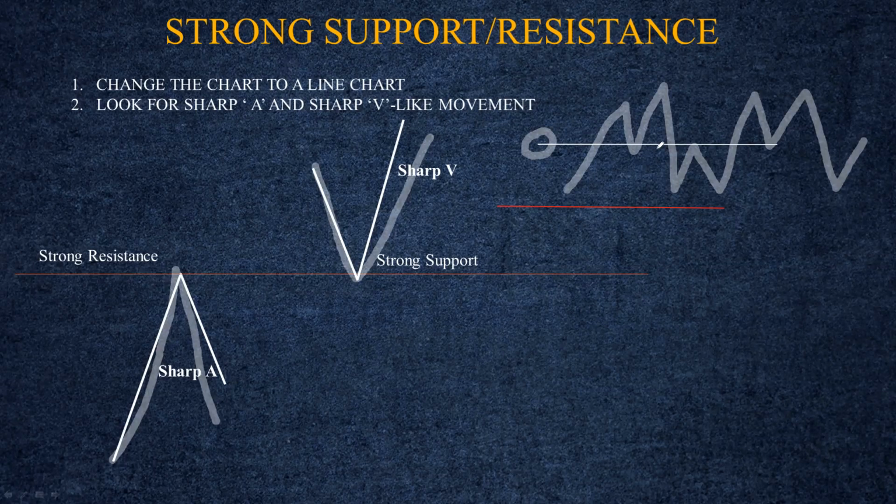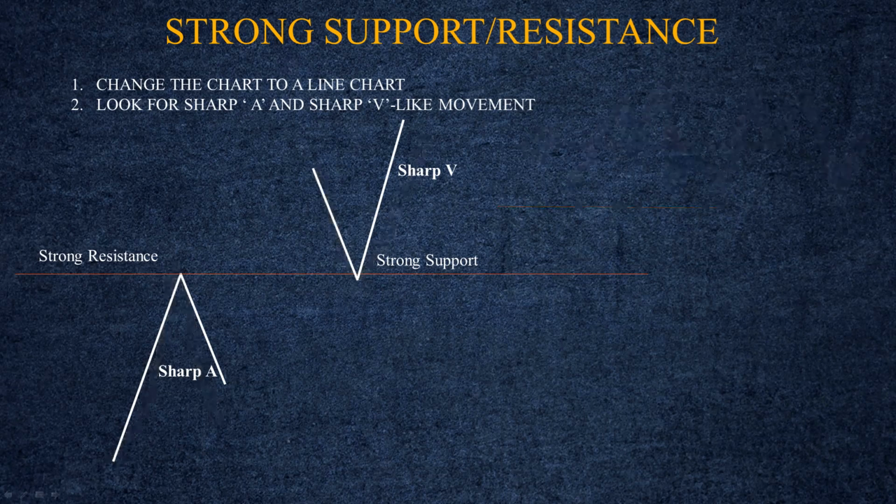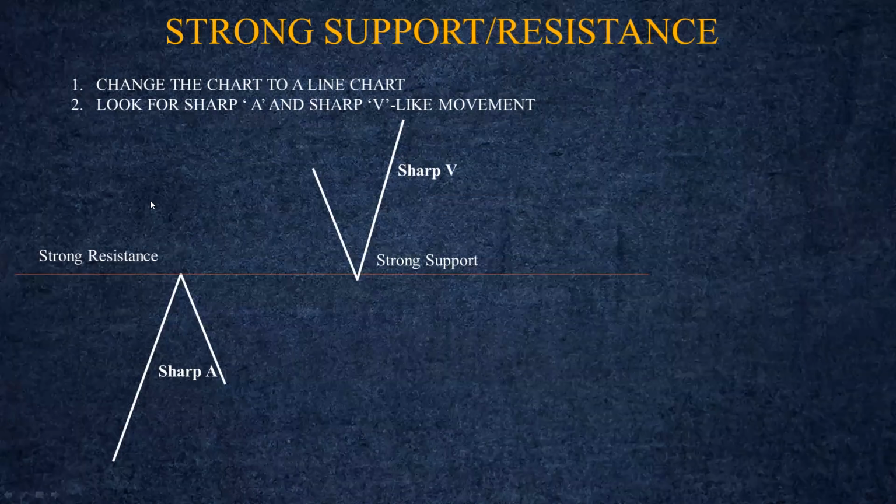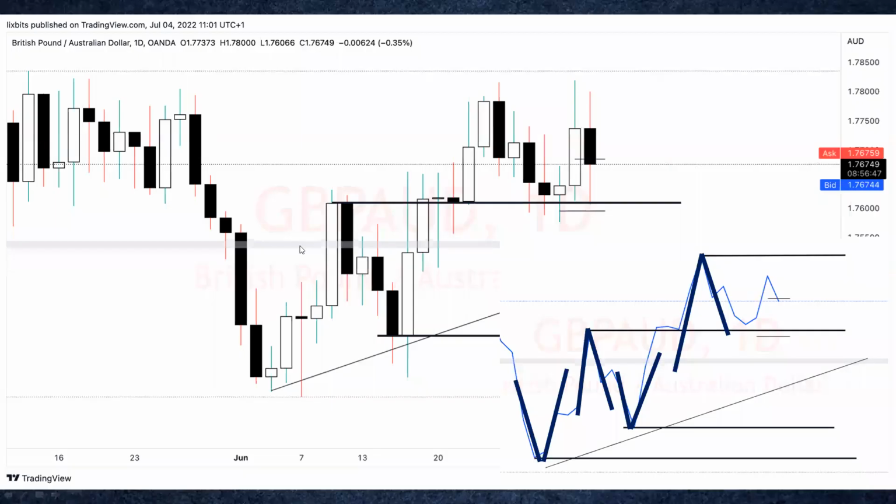For instance, at this part, we can call this level a strong support, a strong resistance. Those are the A's. We'll go to the chart and you get it.